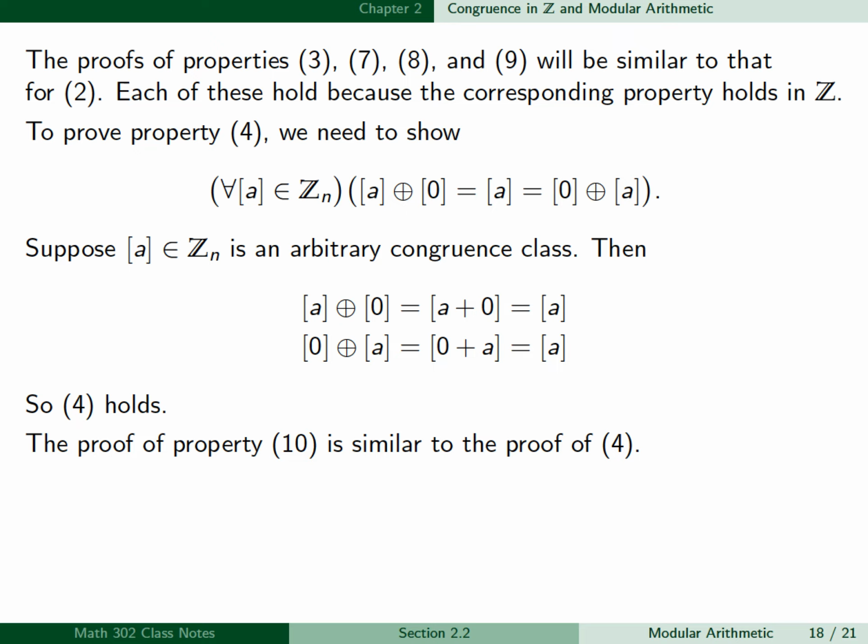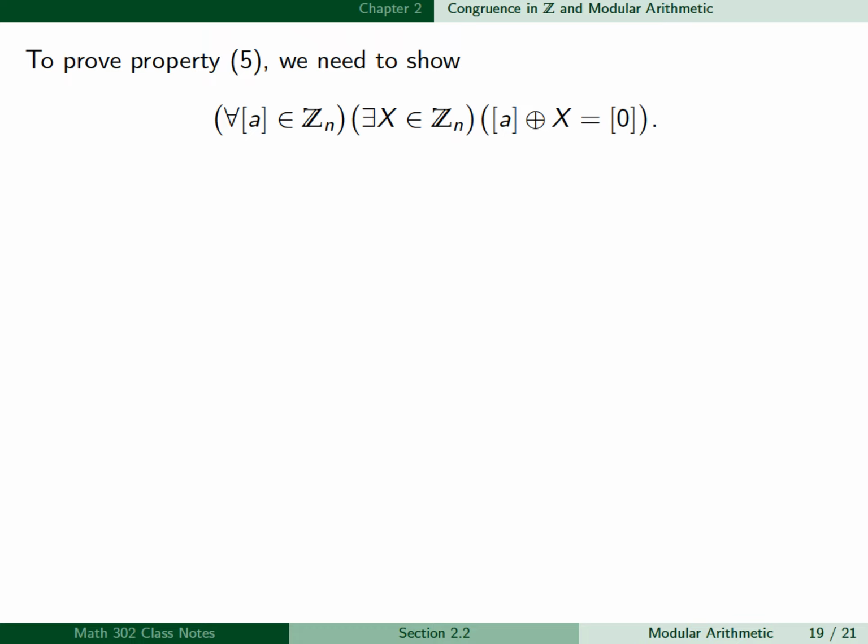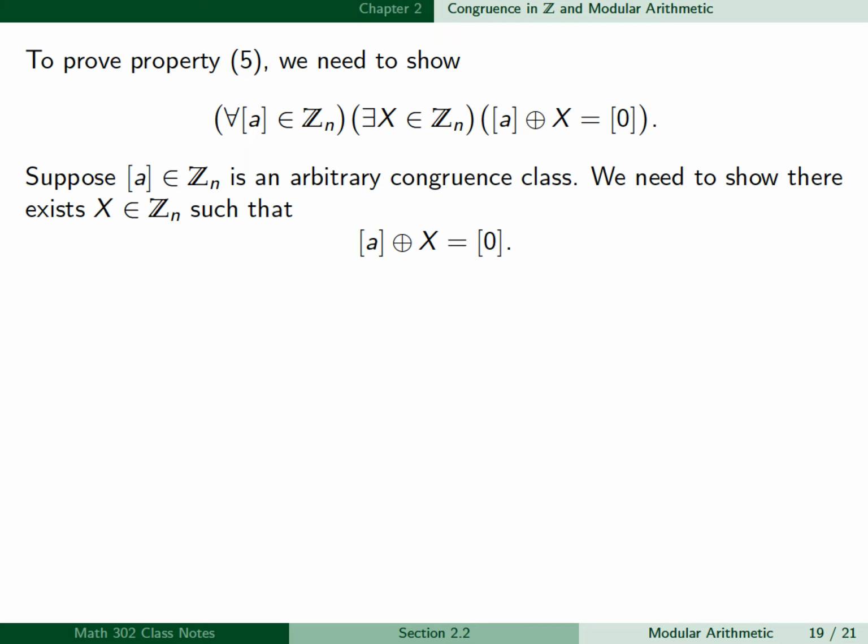To prove property 5, we need to show for all classes [a] in Z sub n, there exists an x in Z sub n such that [a] + x = [0]. So suppose [a] in Z sub n is an arbitrary congruence class. We choose x to be the class of minus a.